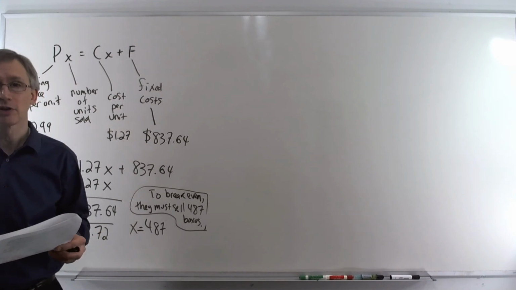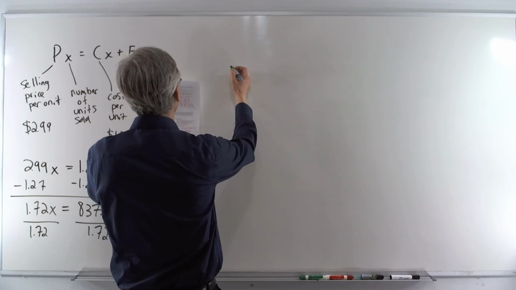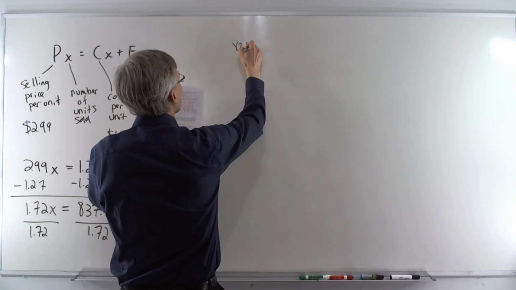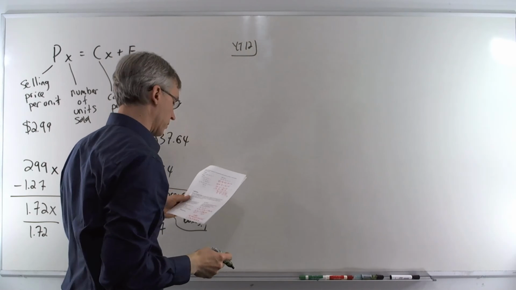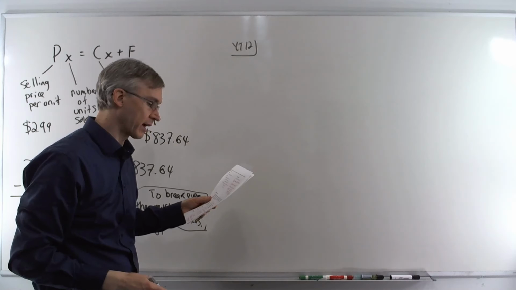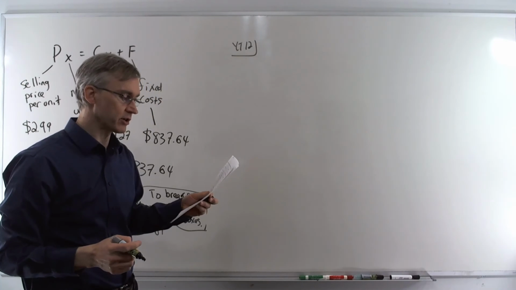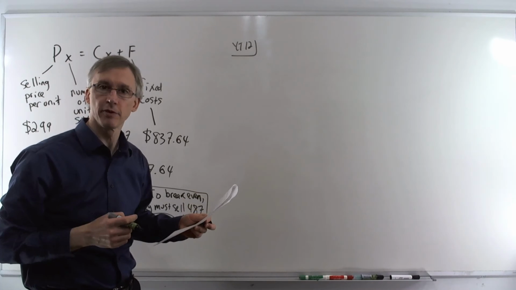That brings us to your turn, number 12. Custom t-shirt maker. Cost per t-shirt is $4.28, and the fixed cost is $1,288.22. If the selling price of a t-shirt is $19.99, find the break-even point.